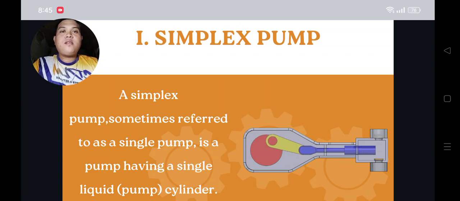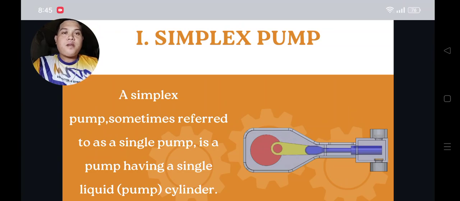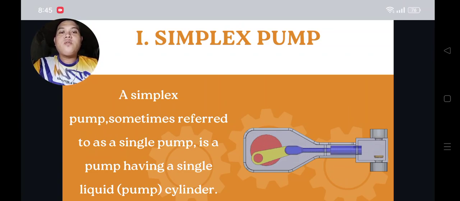First is the simplex pump. A simplex pump, sometimes referred to as a single pump, is a pump having a single liquid cylinder. It has only one cylinder where the liquid is moved.